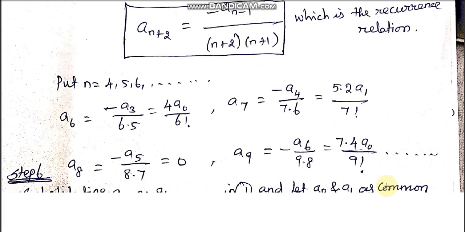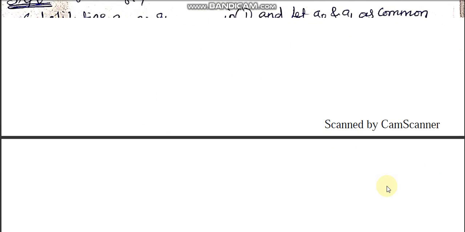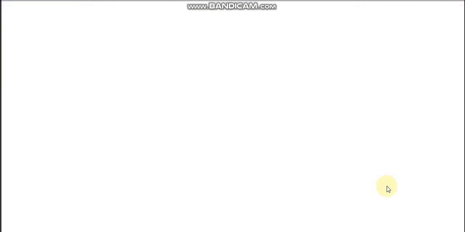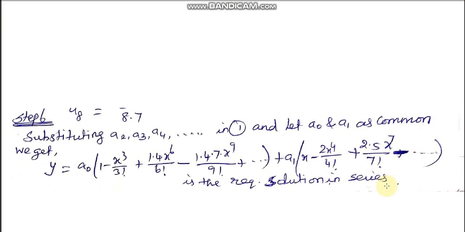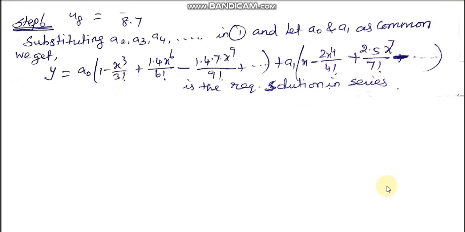On putting n equal to 4, 5, 6, we find the values of a6, a7, a8, a9, etc. So now we have found a2, a3, a4, a5, a6, a7, a8, up to a9. Substitute these values in equation 2. Sorry, I wrongly said equation 1 earlier. In equation 2 we substitute and separate the a0 term and the a1 term, and we get the required solution. Within 6 steps we complete it easily.